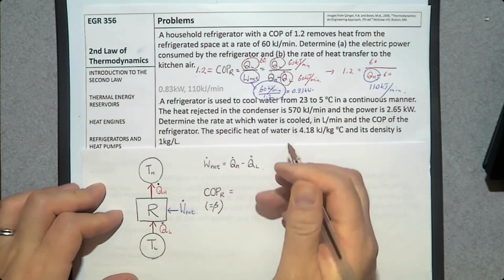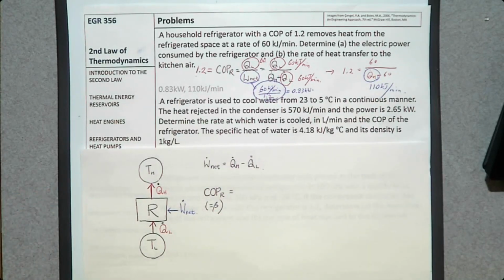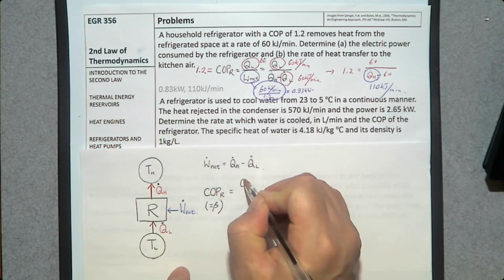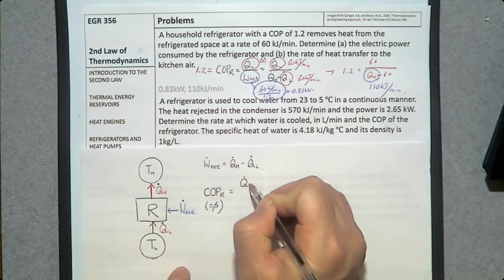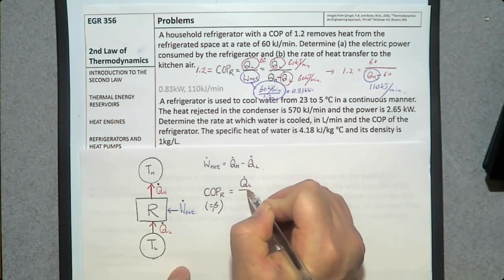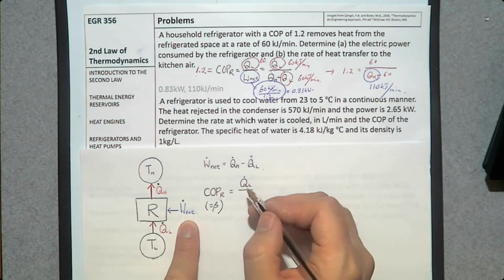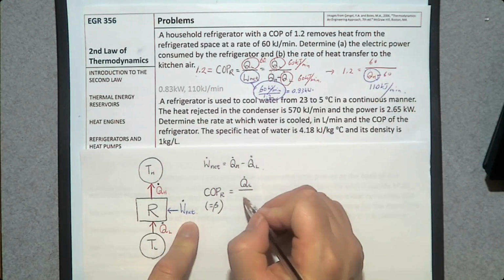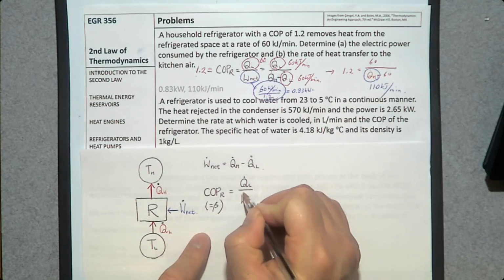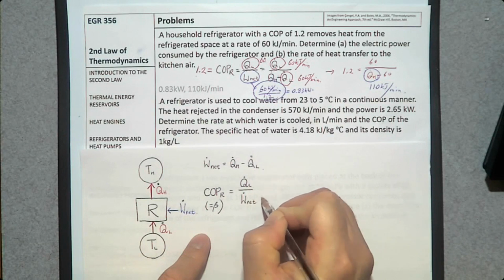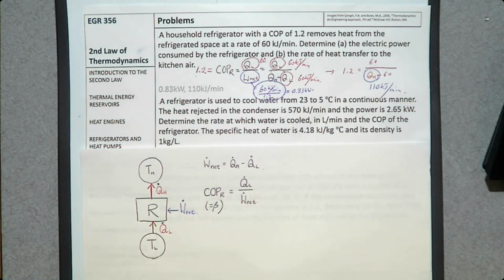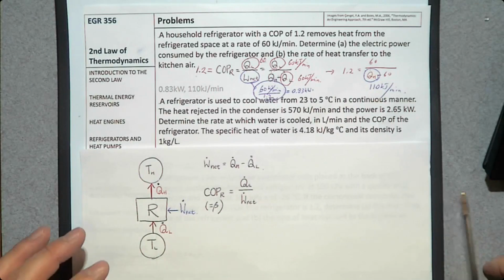It can be determined by the desired output, which is the rate of heat transfer from this refrigerated space, divided by the required input, which is this net work, W dot net. So that's how we can evaluate the performance of this refrigerator.